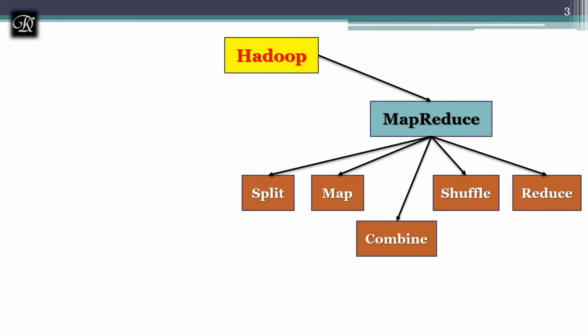Now we'll see each step. MapReduce actually has 5 basic steps. The first step is input split. The given input will be split into n number of blocks. The block size we discussed in the previous video: the minimum block size is 64 MB, next will be 128, next 256, like this.